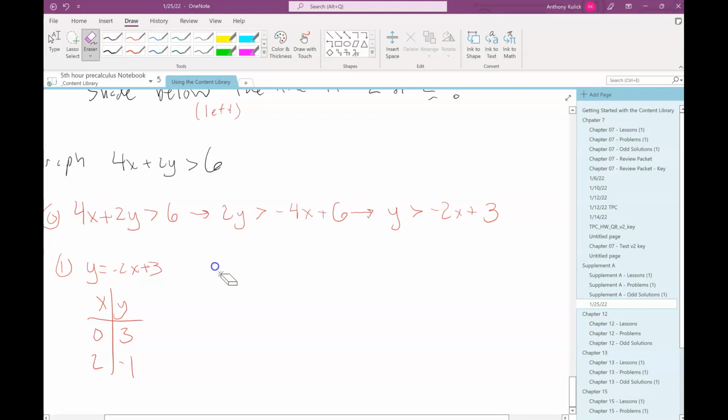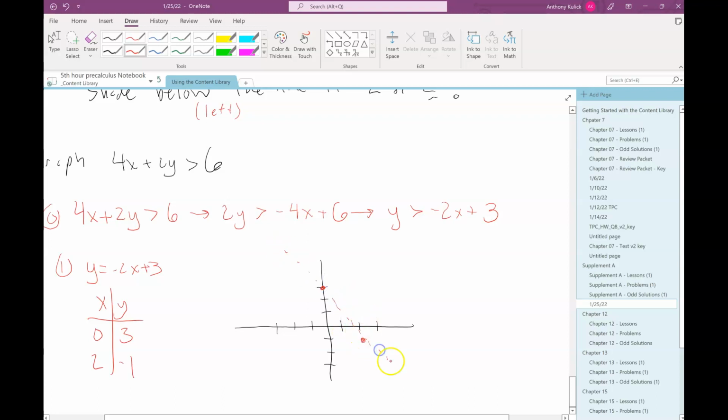And now it's time to graph. So I'm going to plot 0, 3, and then 2, -1.